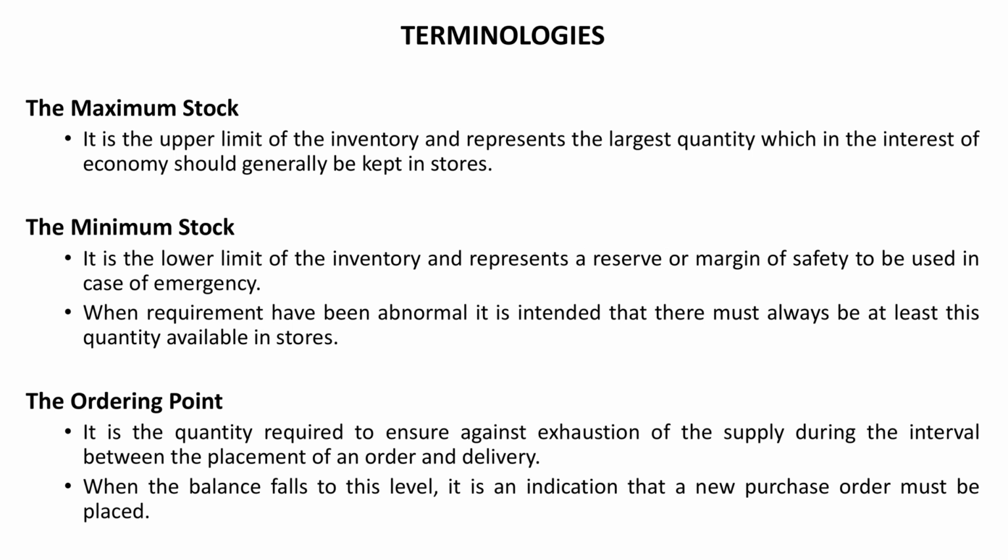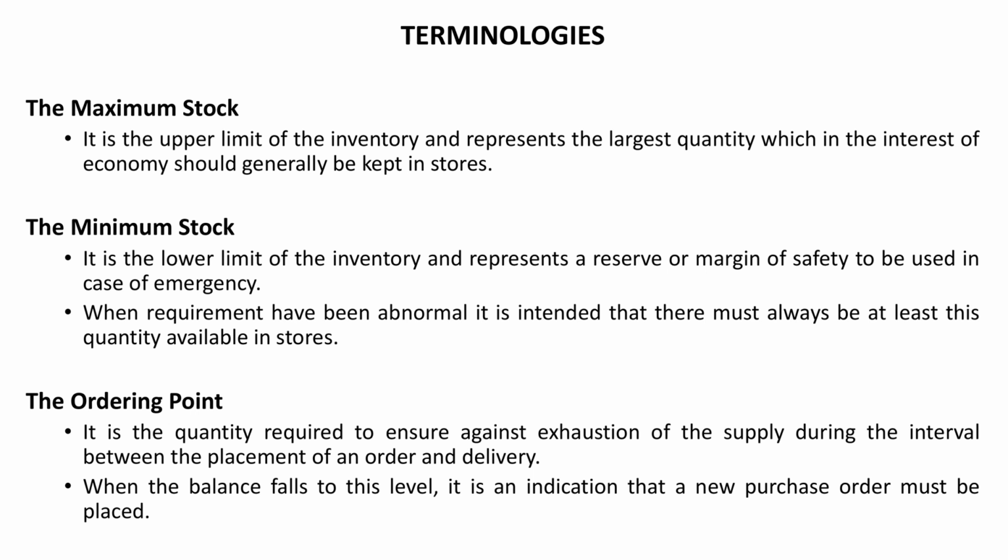Inventory control model. Now we will look into the different terminologies commonly used in an inventory control model. The maximum stock. It is the upper limit of the inventory and represents the largest quantity which, in the interest of economy, should generally be kept in stores.